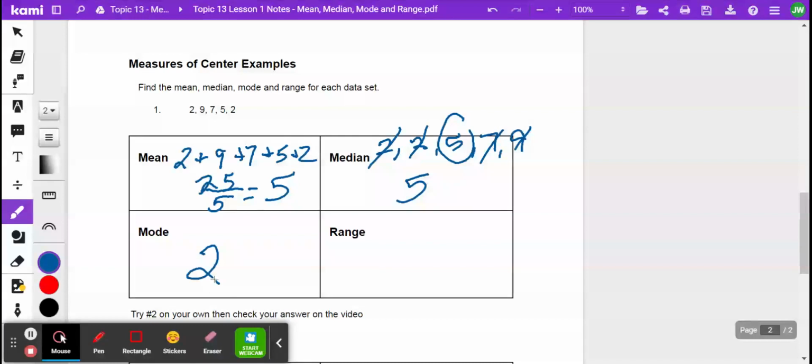So our mode for that data is 2. And for the range, I take the biggest number, which is 9, and I subtract 2, and I get 7. So what I would like you to do is pause the video and try the next set on your own.